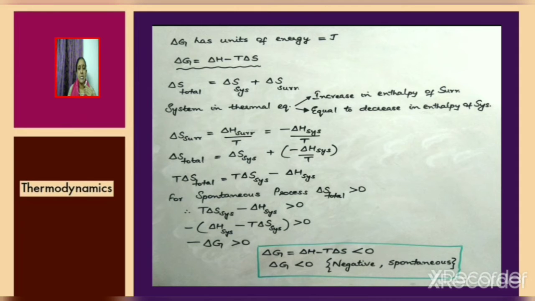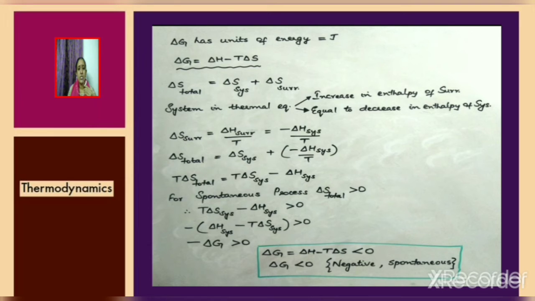If the system is in thermal equilibrium, then an increase in enthalpy of the surroundings will be equal to the decrease in enthalpy of the system. So we can write delta S of the surroundings as equal to delta H of the surroundings by T. But in terms of the system, delta S of the surroundings can be written as equal to minus delta H of the system by T.